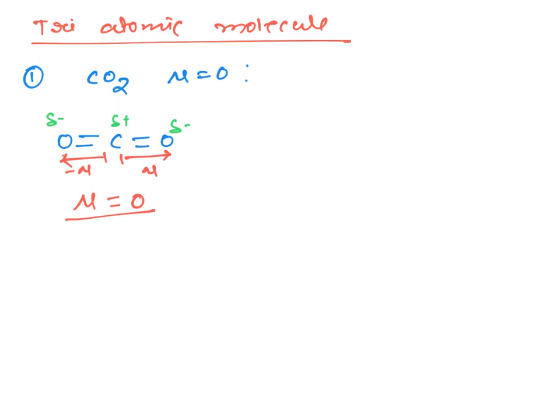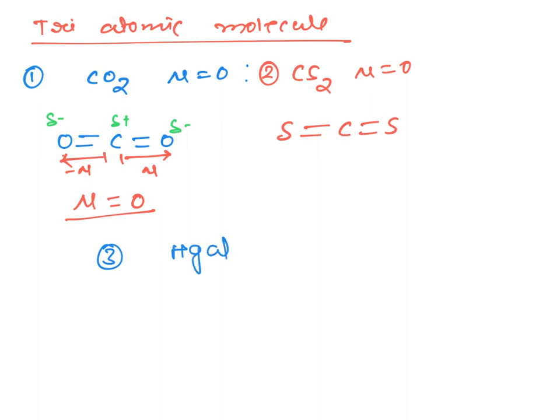Let's take another example, CS2, and in this case the dipole moment is also 0. That indicates it is a linear molecule. Let's take another example where the dipole moment is 0.